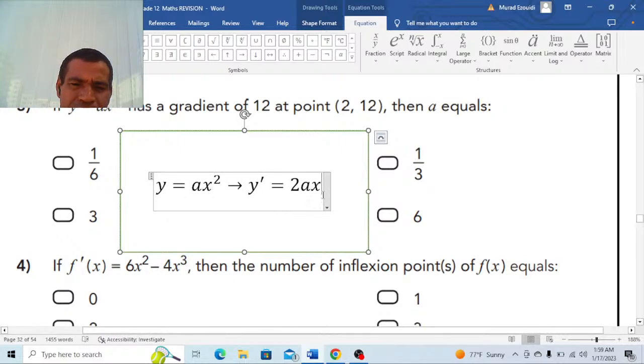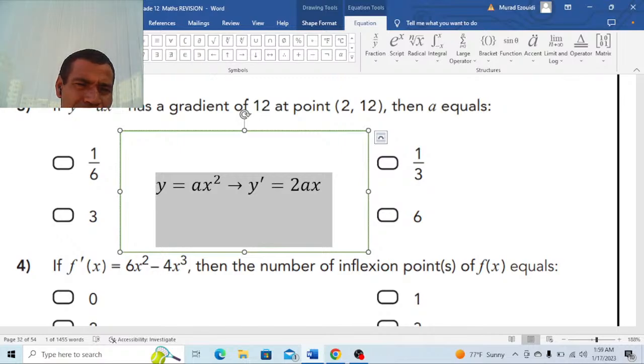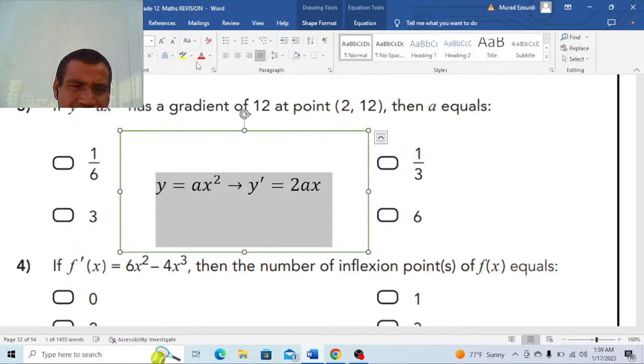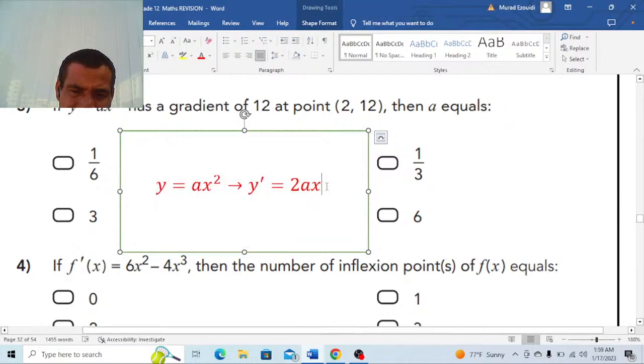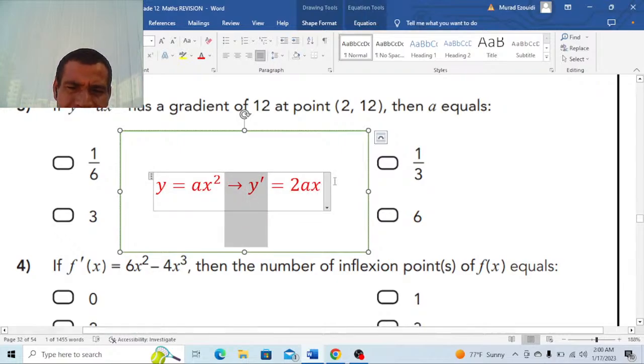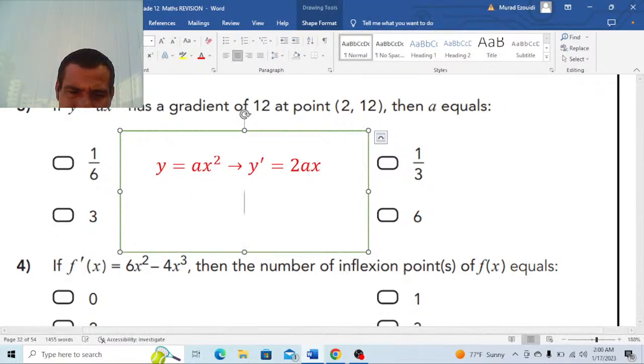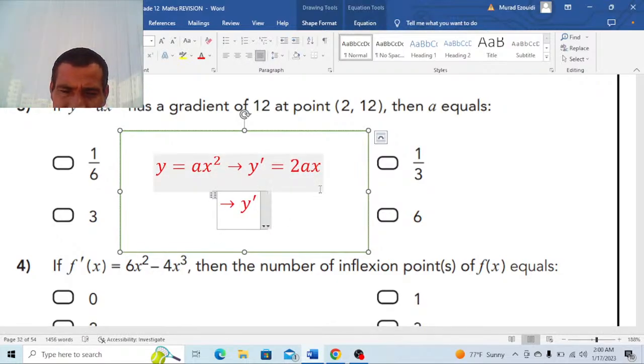They told you that the gradient, when x equals 2, will be 12. So you can write that the gradient m is equal to y dash of 2, which is equal to 12.